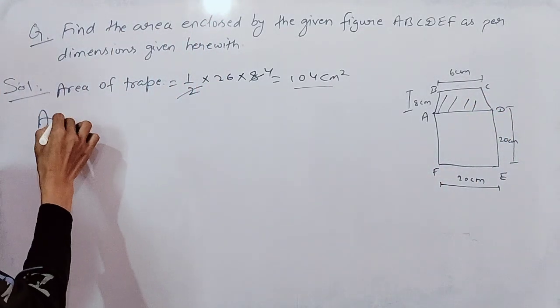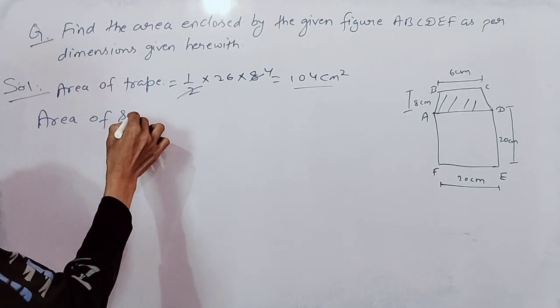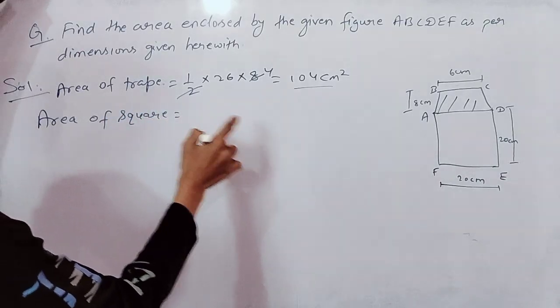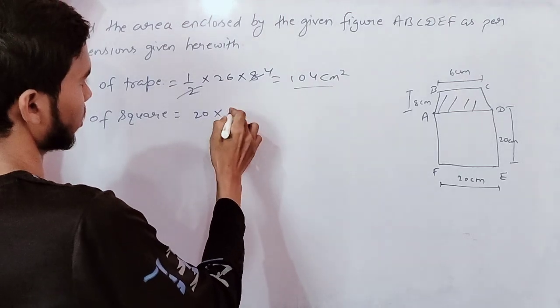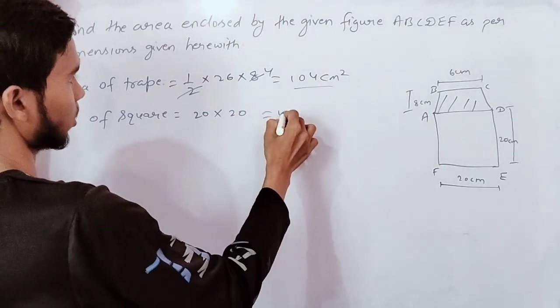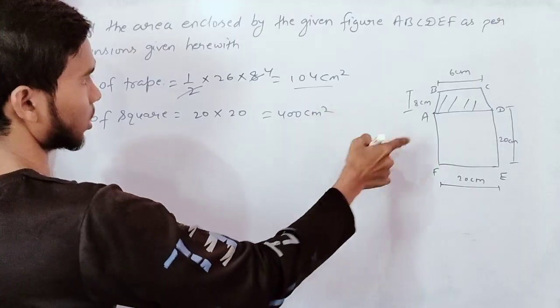Now area of a square would be 20 multiplied by 20, which is 400 centimeter square.